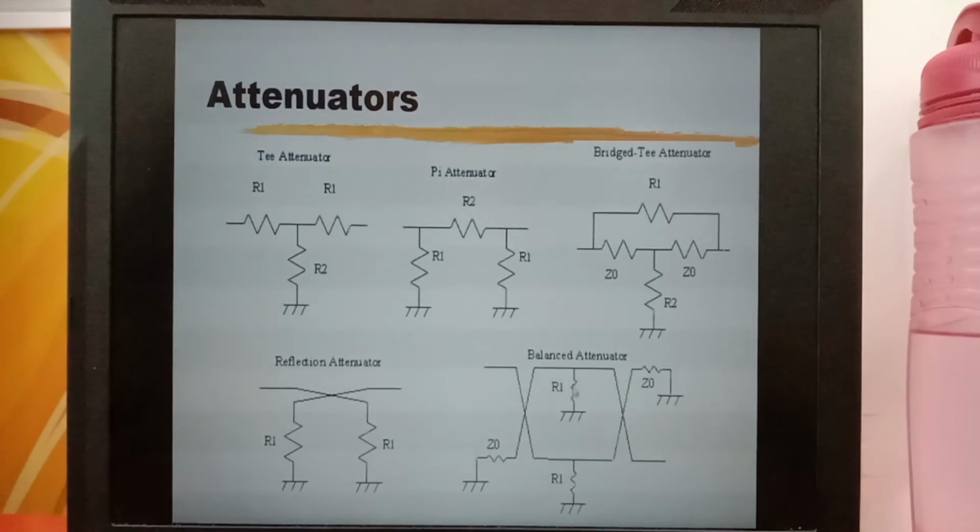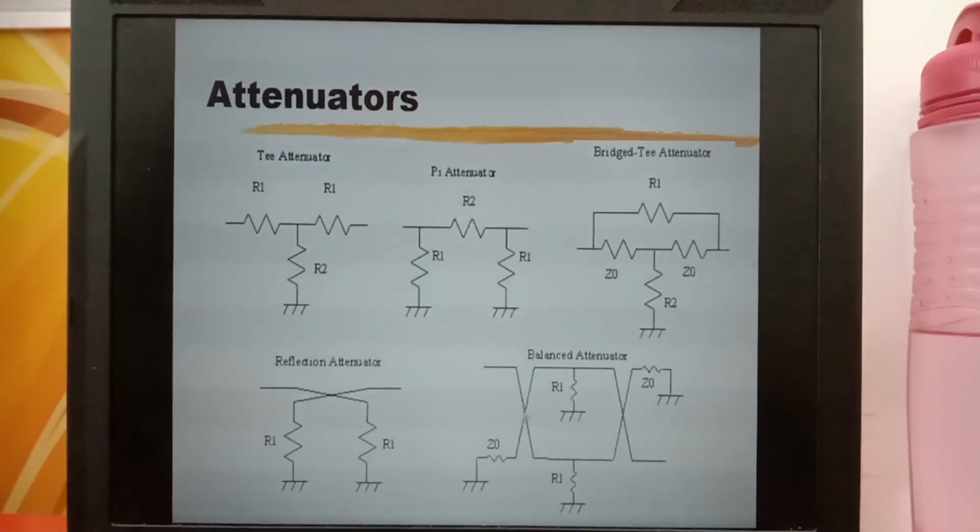And similarly, by controlling the value of R1, some of the signal will be reflected at port 2, some of the signal will be reflected at port 3, and both reflected signals will be split between port 1 and port 4.